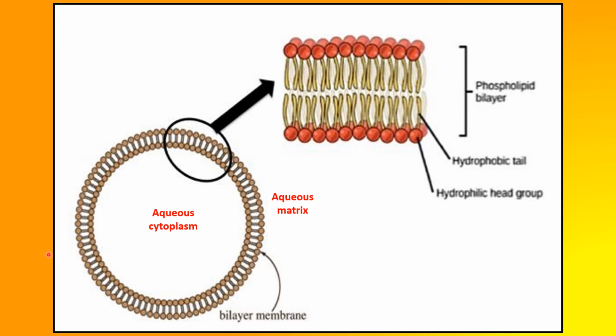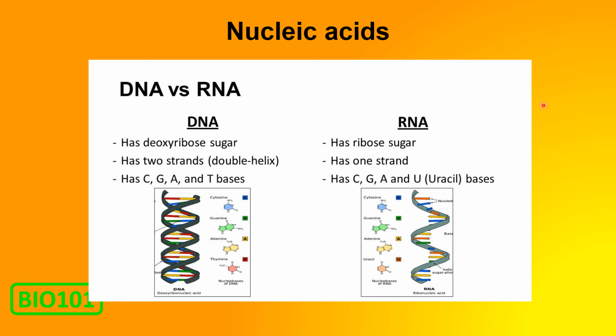And the cytoplasm inside of the cell is also a solution predominantly water. So it should seem logical that the phosphate heads point inward and outward towards the water, and the lipid tails are sandwiched between those two layers. This is the phospholipid bilayer. Okay, back to nucleic acids. We'll talk more about phospholipid bilayers in the next unit when we talk about the structure of cells.